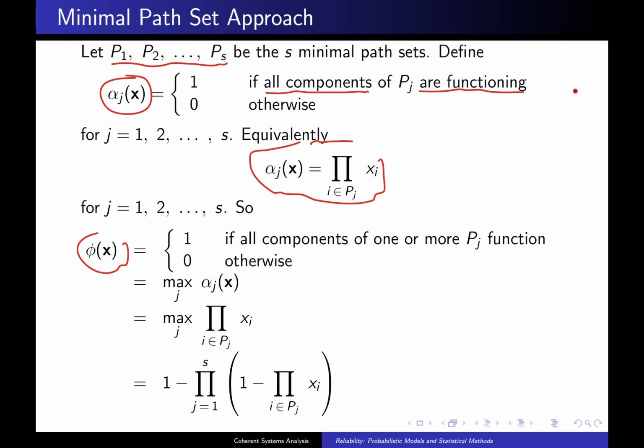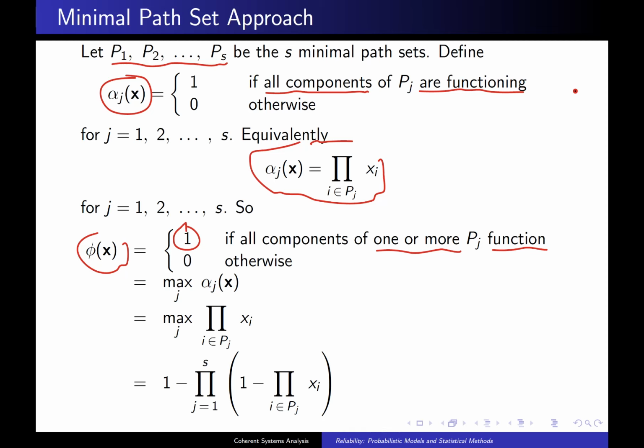So that is to say, if you can find a path set and all of the components in that path set are functioning, then you know that phi of x will be 1. Now when you see the words one or more functioning, you should think of a parallel system. That's how a parallel system works. You need one or more components to function.